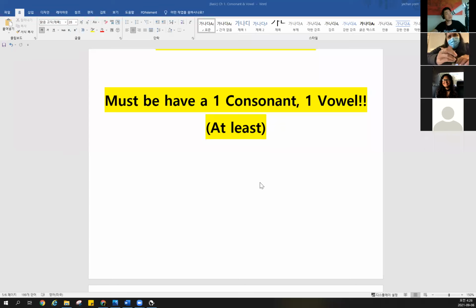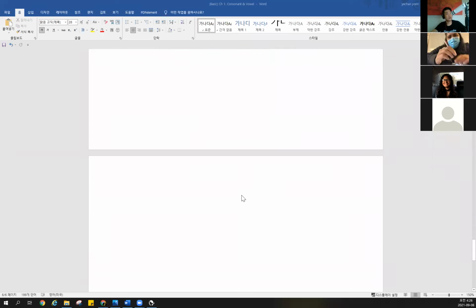So let's try some examples for practice. Let's say, how can you write down la with English letters? Please write la in the chat.